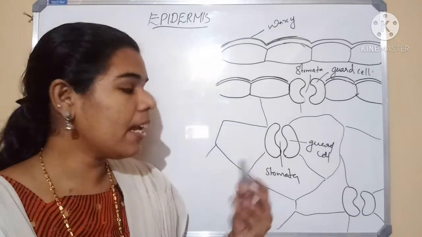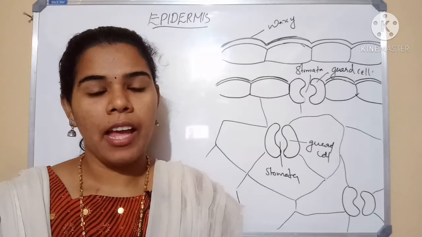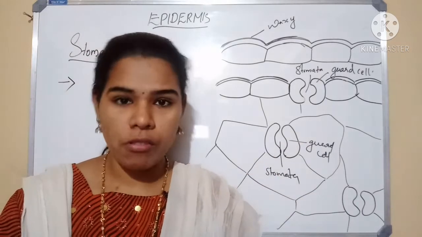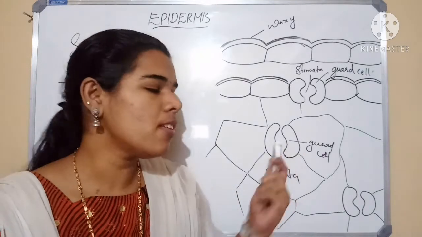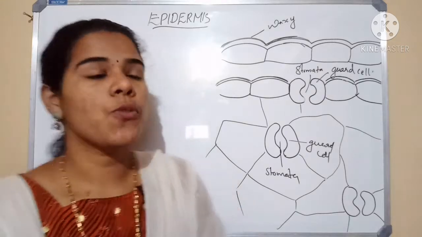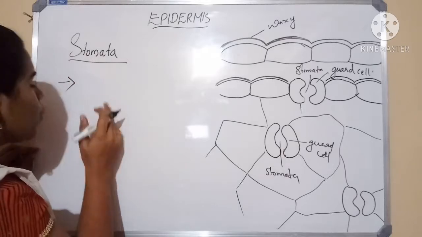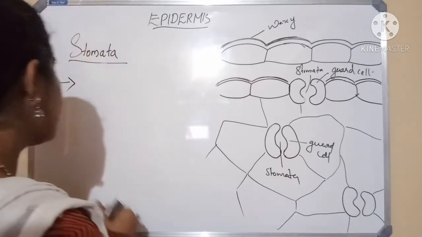The plants take oxygen through this opening, and they release carbon dioxide. So the gaseous exchange occurs through this stomata. The main function of stomata is that it helps in exchanging gases.